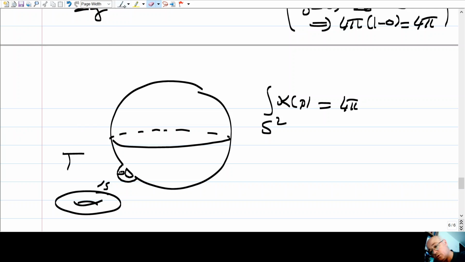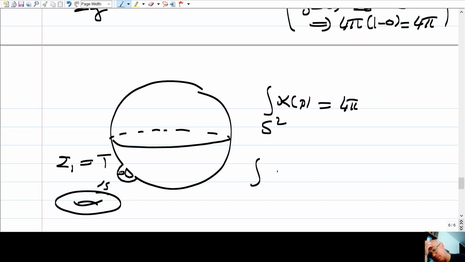So it's a genus 1 surface. Therefore, if you add something like this, you see that the Gaussian curvature doesn't change on this region and on this region. You just change it in a very small region here.